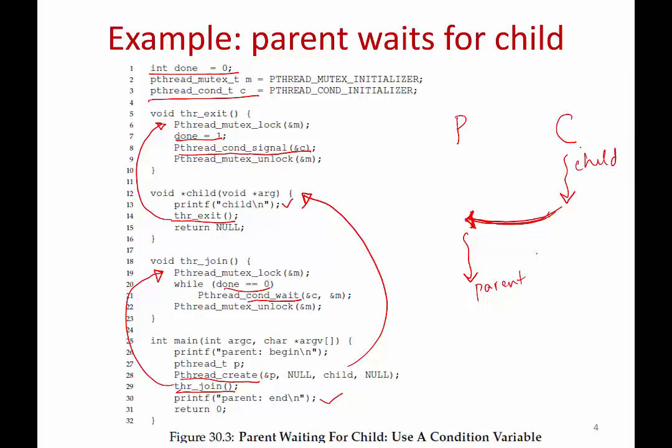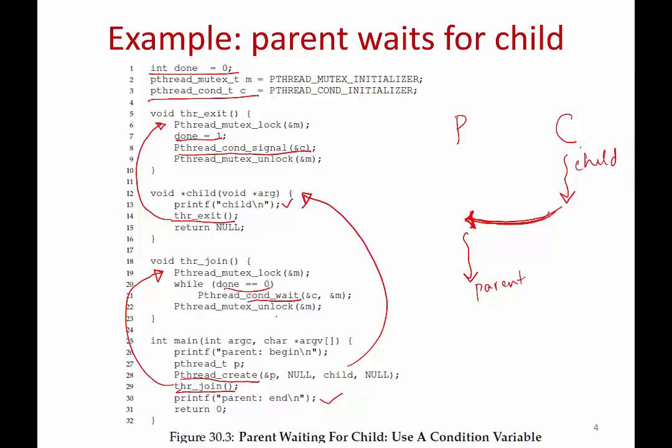Sometimes the child thread could get scheduled first, sometimes the parent thread could get scheduled first, no matter what happens. If the parent thread runs first, then it's going to wait. And if the child thread runs first, then the parent thread will simply check this condition, realize done is set, the child has run, and it will not wait, and it will simply go ahead and execute. So this ordering of child first, parent next is guaranteed no matter what the operating system scheduler does, right?